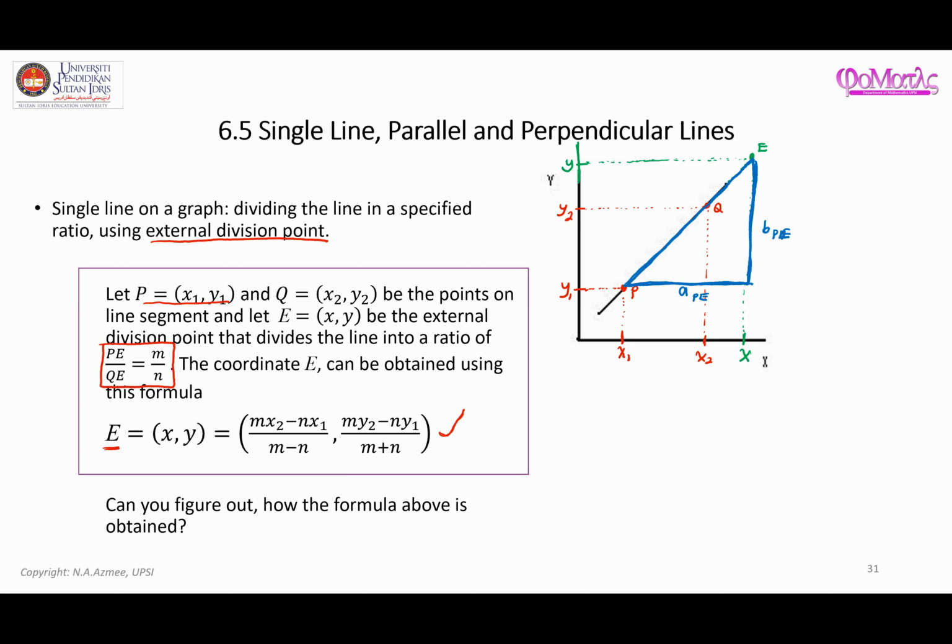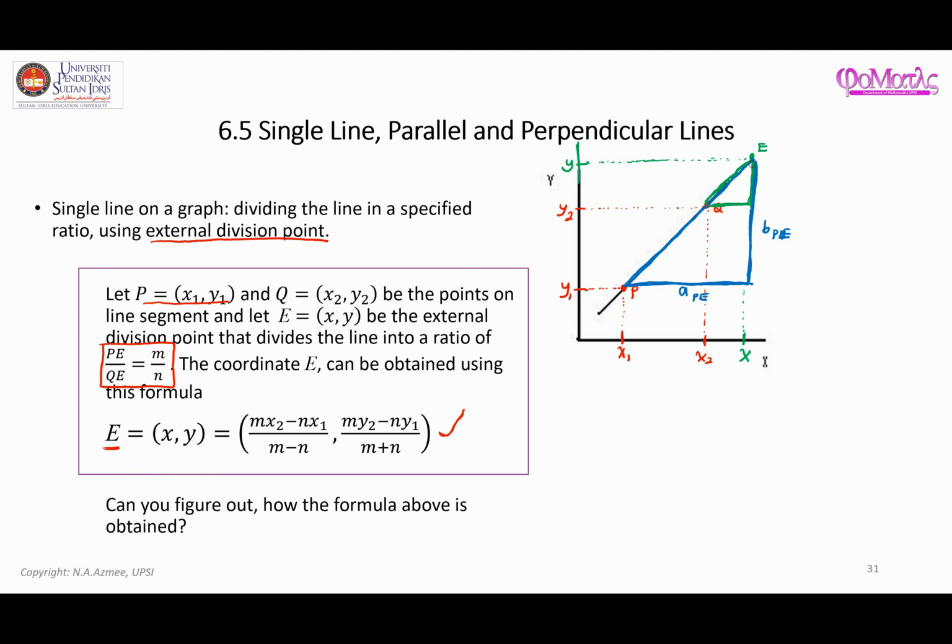Okay, next I'm going to construct another right angle triangle with respect to QE. So this is for QE. I'm just going to do it next to this blue line. I hope you can see it. So this is QE.